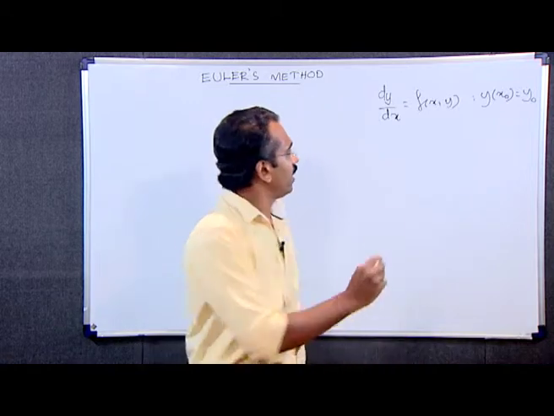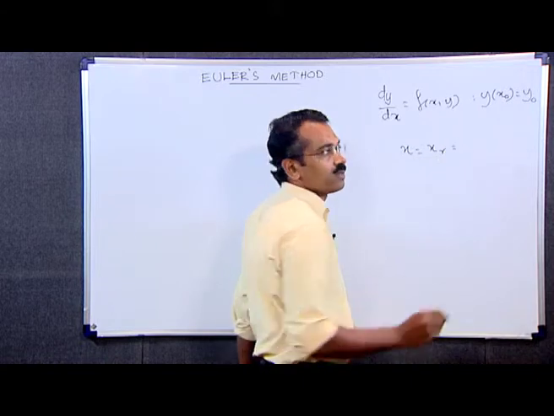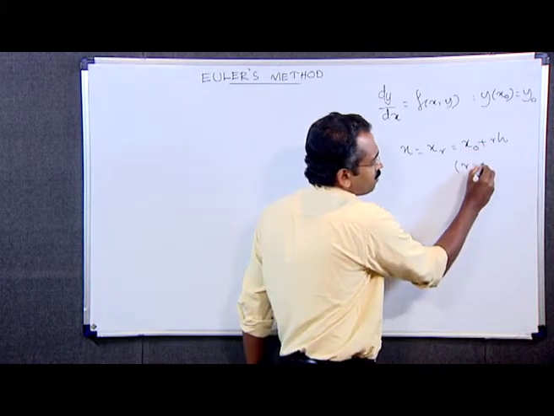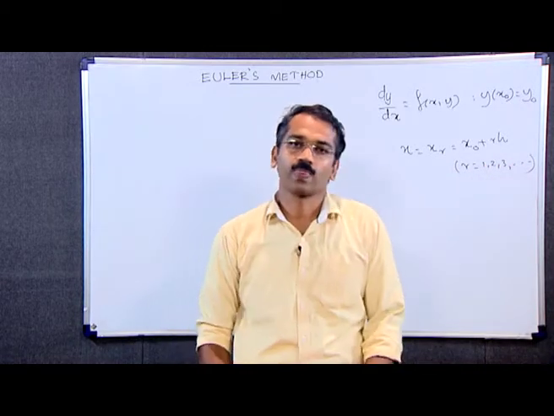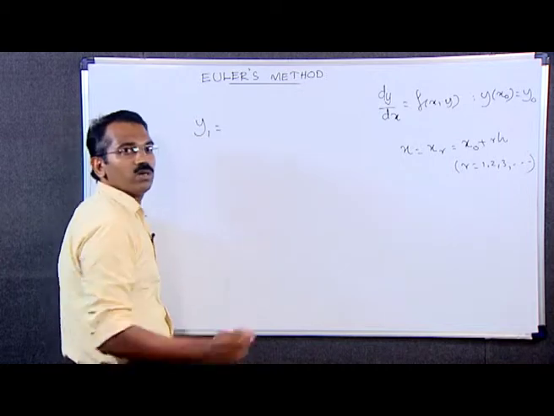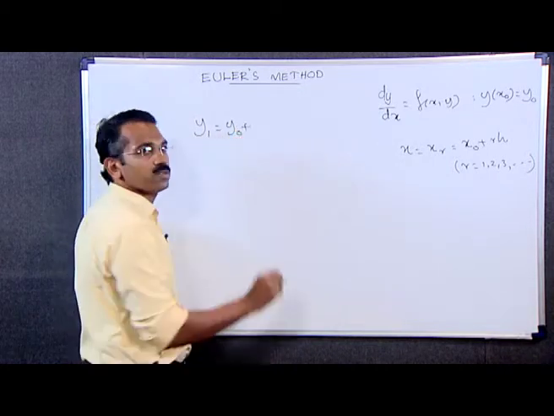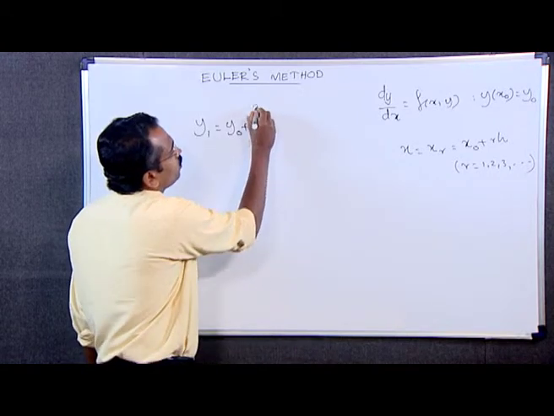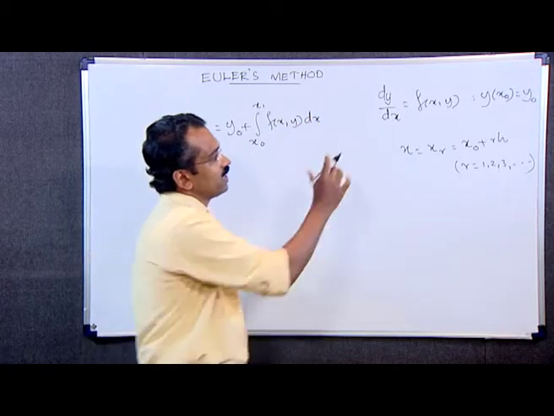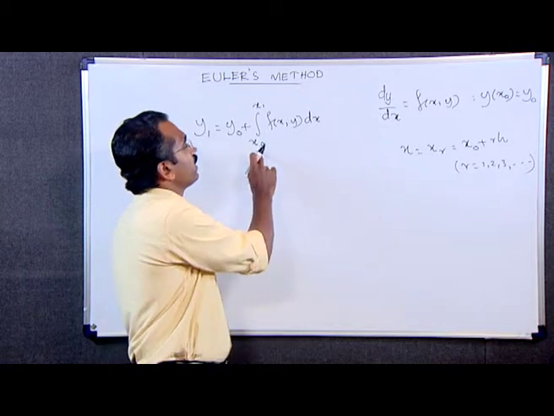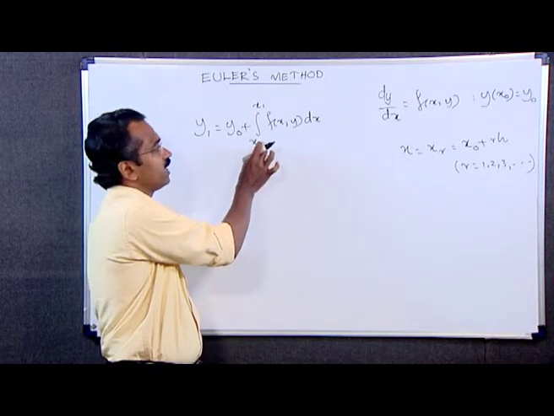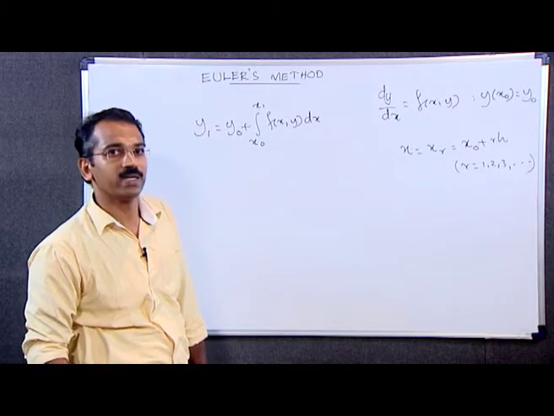For values of y at x is equal to xr, that is x naught plus r into h, for r varies from 1 to 3, etc. Integrating the differential equation, we get y1 is equal to y naught plus integral from x naught to x1 f of x, y dx.